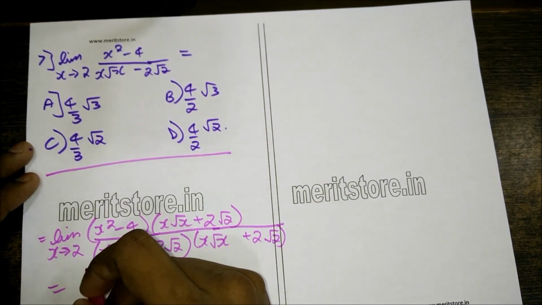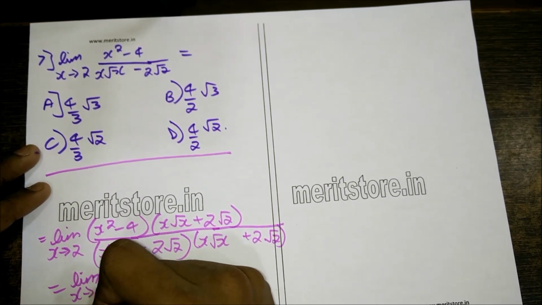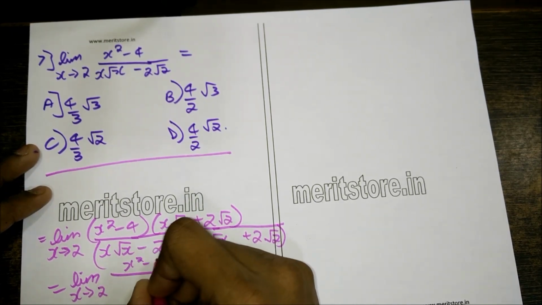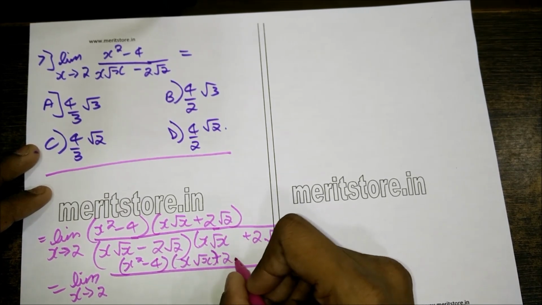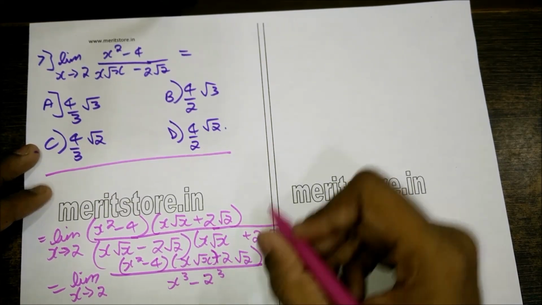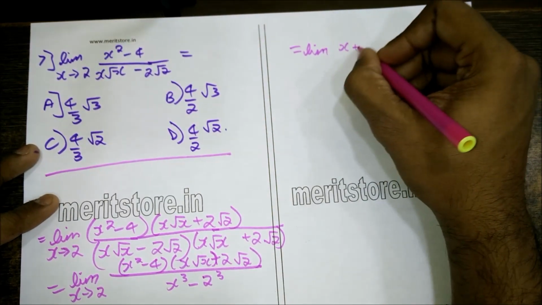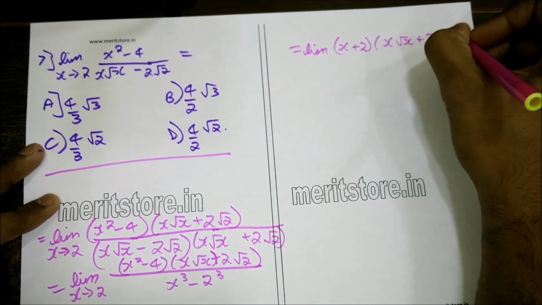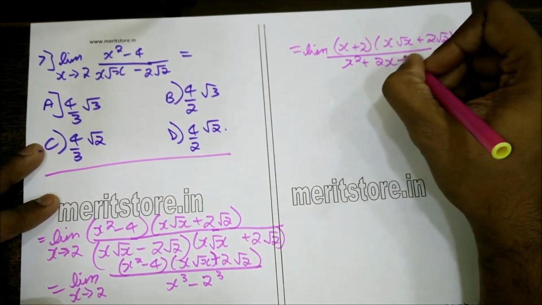So that gives us, we can write limit of x tends to 2 of (x square minus 4) into (x root x plus 2 root 2) upon (x cube minus 2 cube), which equals limit of (x plus 2) into (x root x plus 2 root 2) upon (x square plus 2x plus 4).